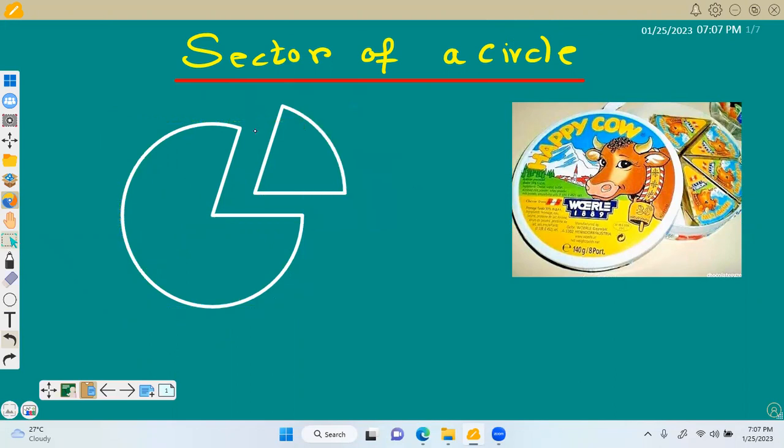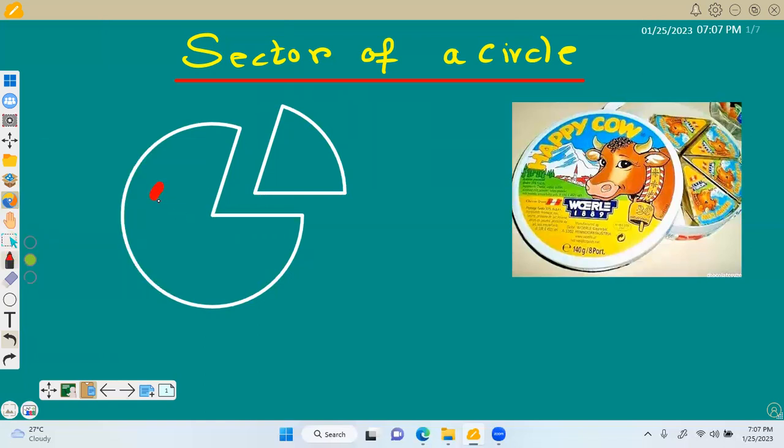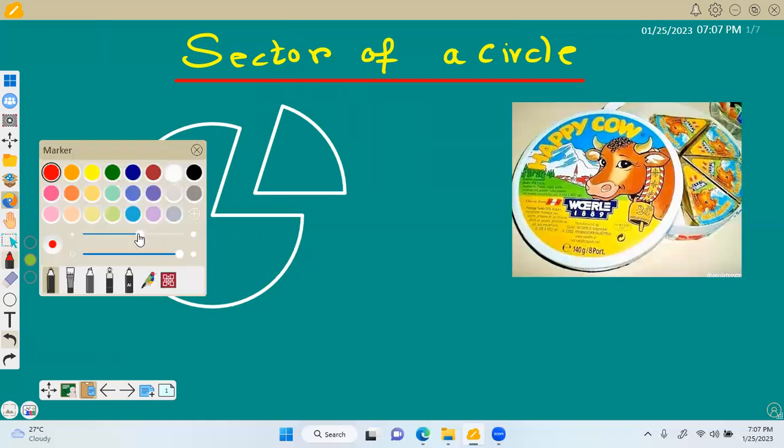If I cut along, that means I take a circle and I draw two radii, and I separate a particular part from the circle. Okay, now you can see how many parts are there.